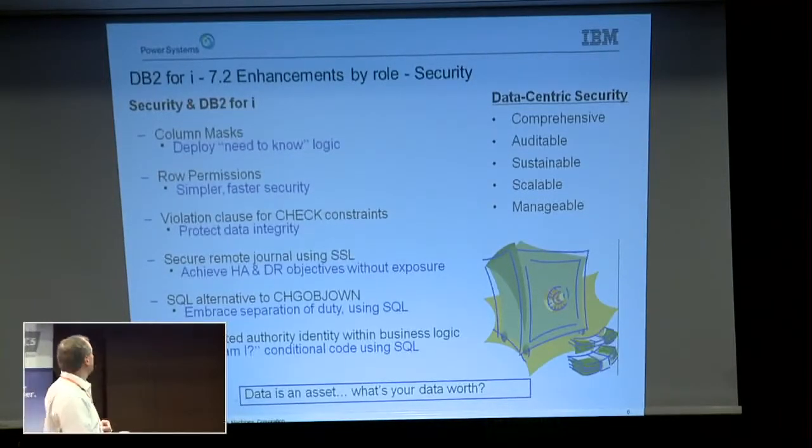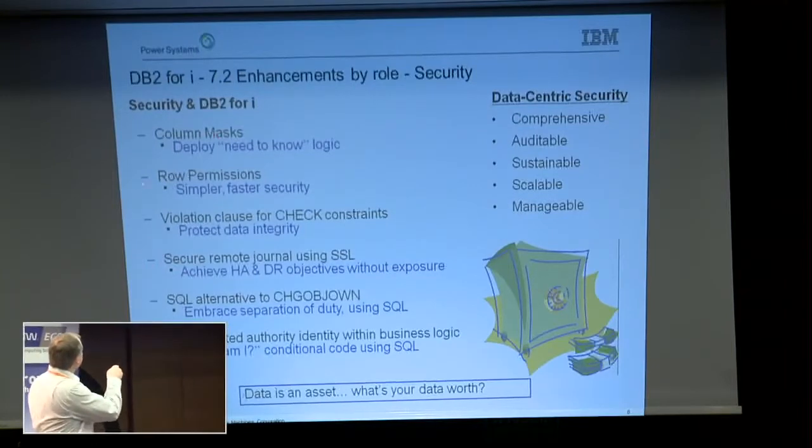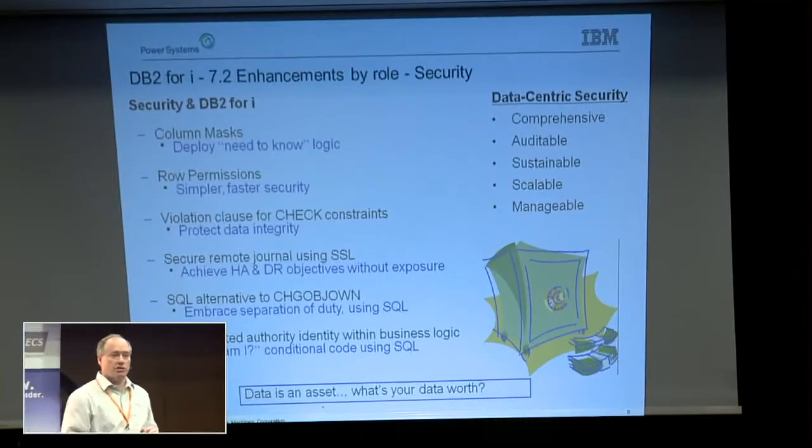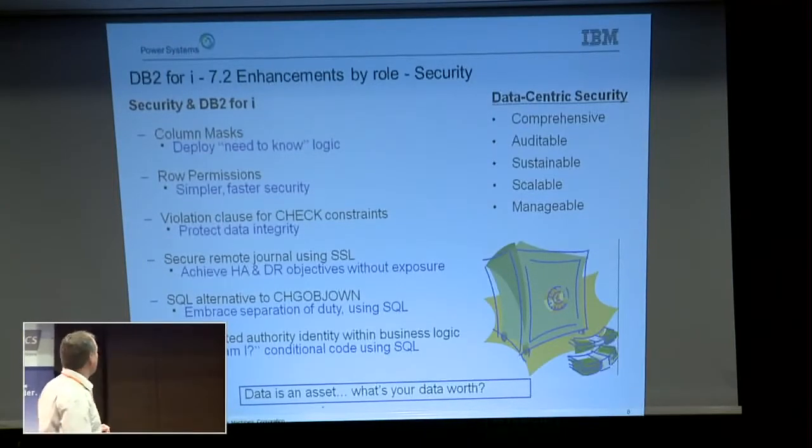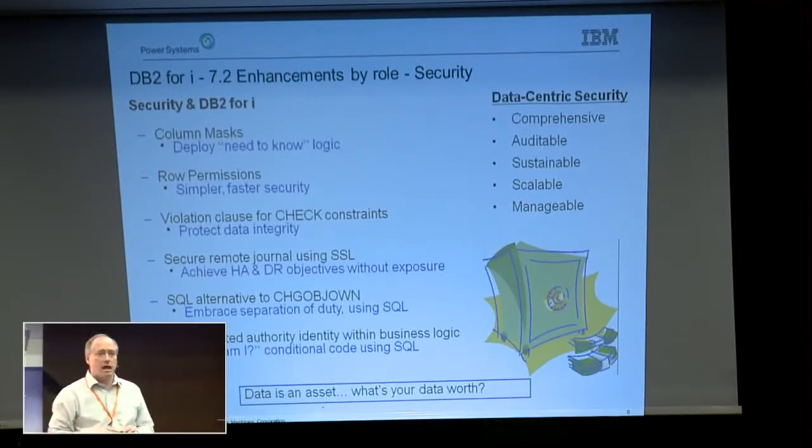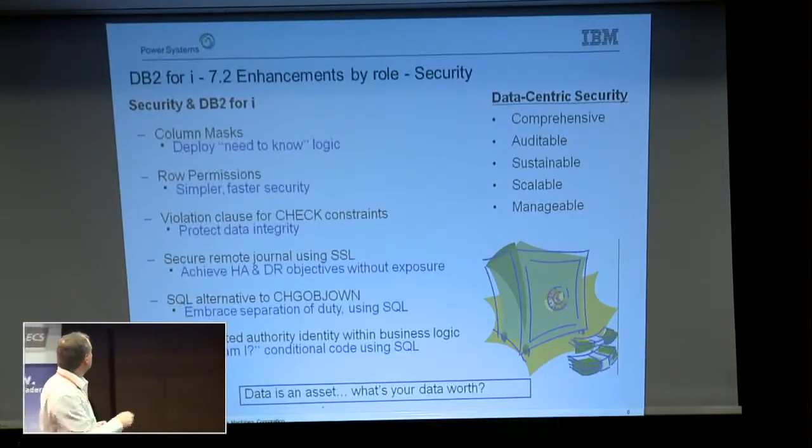There's a couple areas that we focused on. We have column masking, row permissions. We added a new clause for check constraints. So there's a new violation. If somebody comes and does a check constraint, it'll get an audit record generated. You can now do remote journaling with SSL. Additions to the change object ownership.